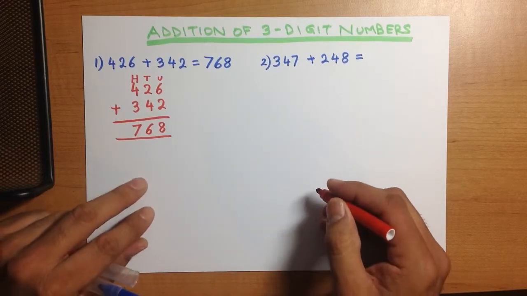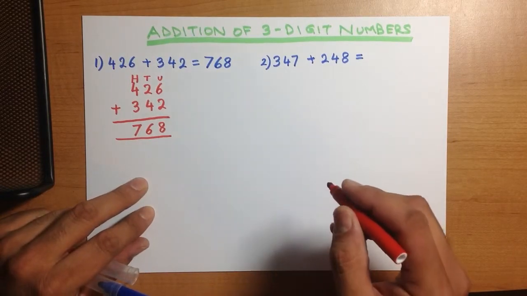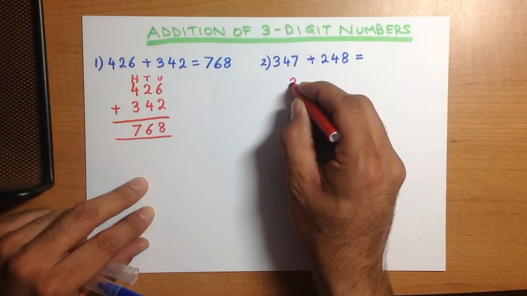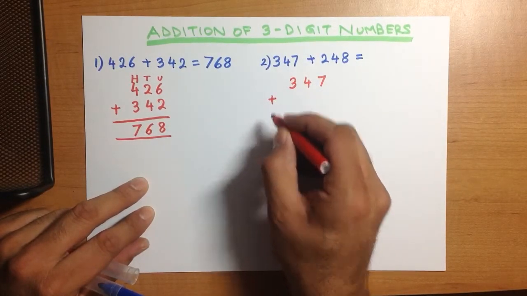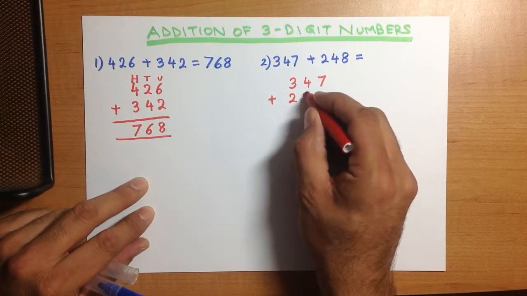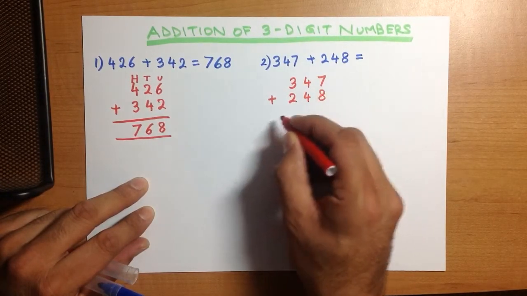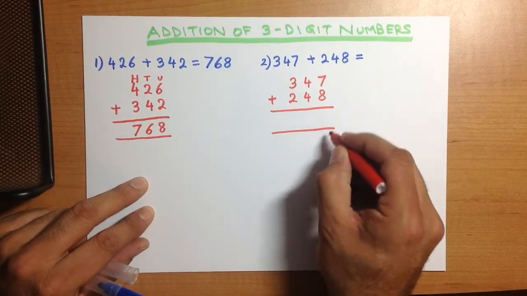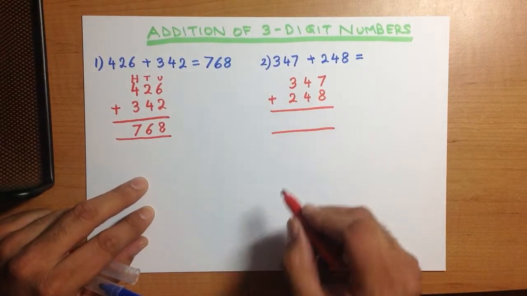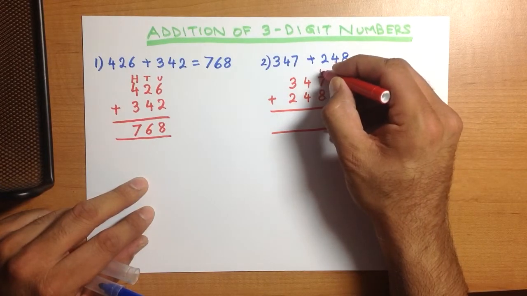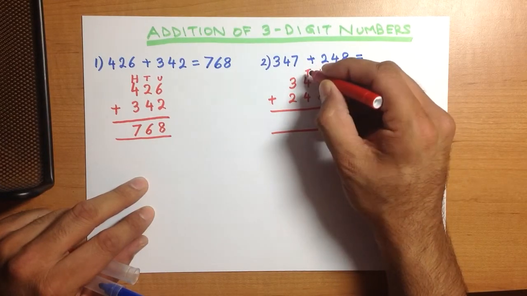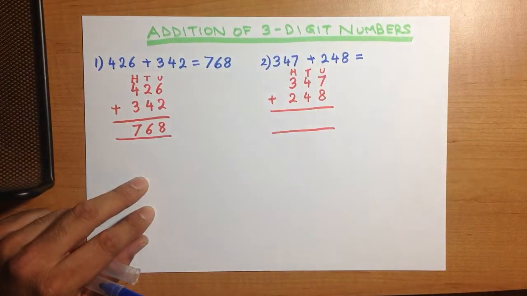Again, let's write this down in the vertical format. So 347 plus 248. We can label the columns. We don't have to, but let's label them anyway. Okay? Units, tens, and hundreds.